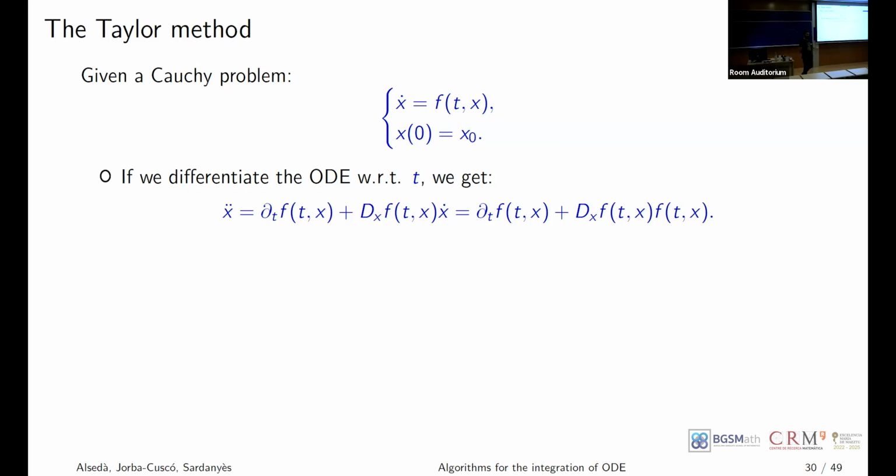Again, the idea behind it is even simpler than the previous one, because you take the differential equation and take a derivative with respect to time on both sides of the equation. Obviously you assume that x is a function of t, and you have to apply the chain rule and so on, and you end up with a thing like this.